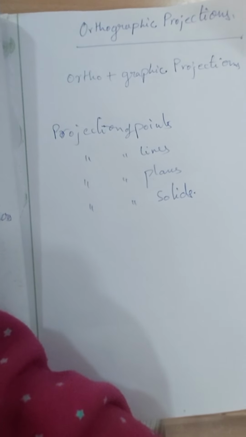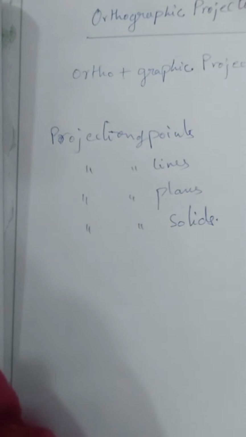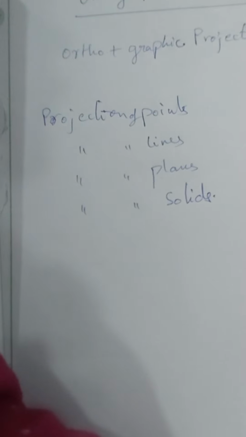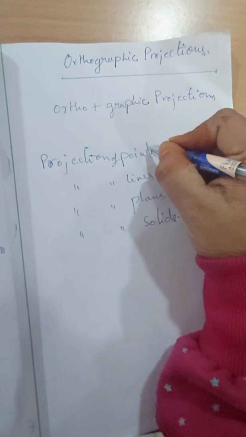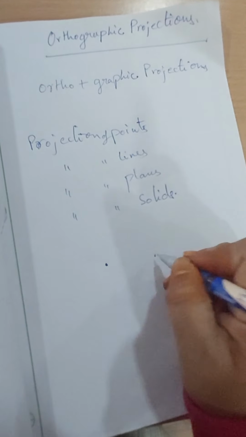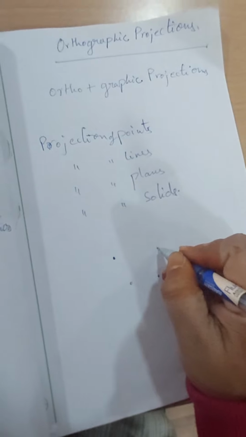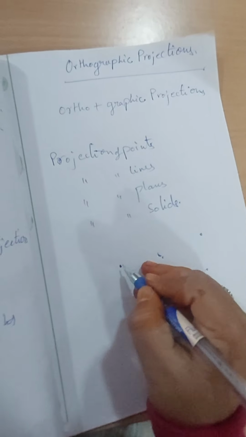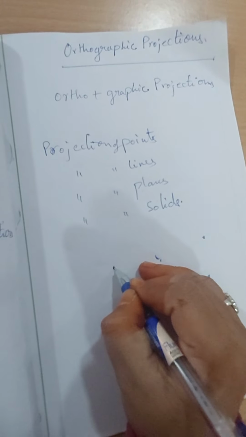And in these orthographic views we are going to draw the projections for dimensionless objects, single dimension objects, two-dimensional objects, and three-dimensional objects. Let us see what the dimensionless, 1D, 2D and 3D objects are. The point is a dimensionless object. Why? Because a point is a dot. We can make a dot at any point in space, but we can't give dimensions for these dots.